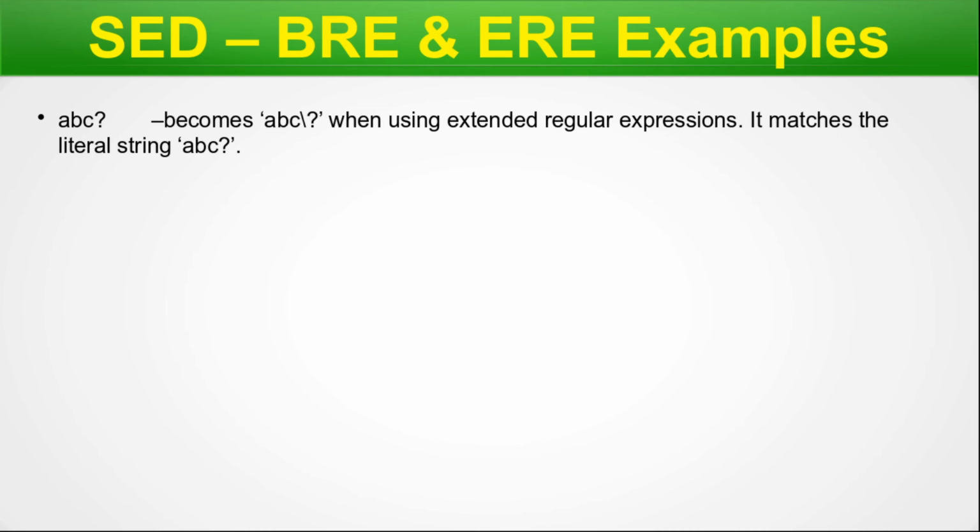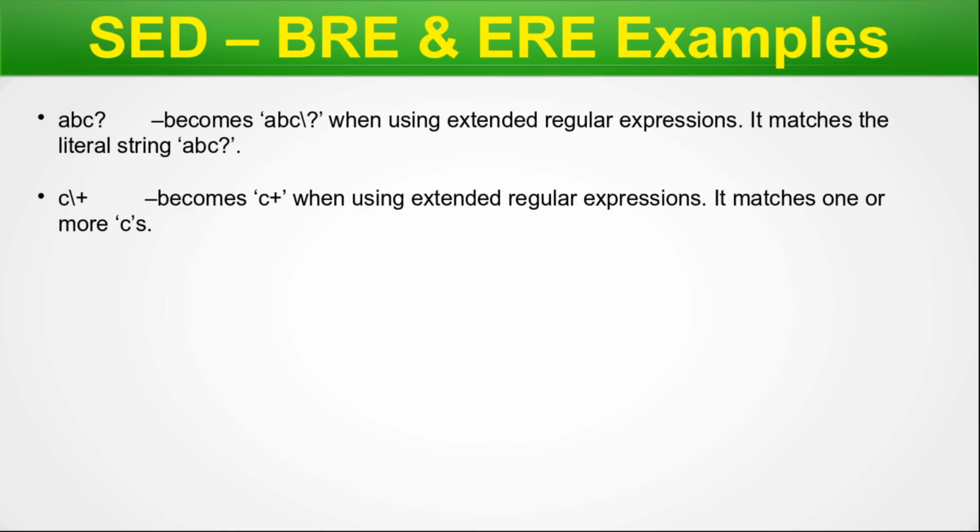Compared side by side. So ABC then backslash question mark becomes ABC then question mark using extended regular expression. It matches the string ABC then question mark. C backslash plus becomes C plus using extended regular expression, and it matches one or more C's.